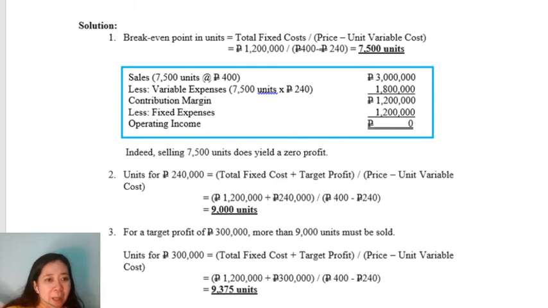But how many units, to be exact, is that? Based on our solution, they should sell 9,375 units. Again, you can also check if this is correct using the contribution margin based approach in the operating income statement.